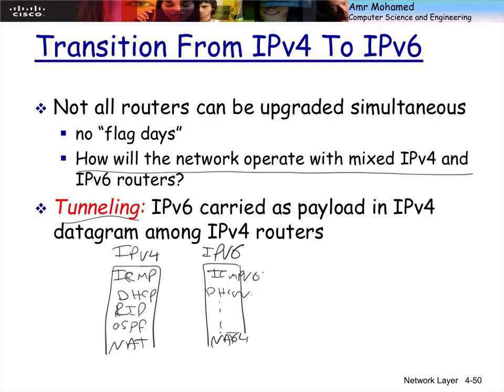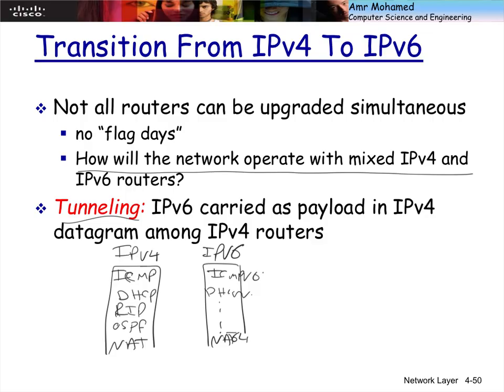So this dual stack will be in the same node, and that's easy because these are software processes. For example, Windows 10 or Windows 11 have dual stack IP. So it has the stack for IP version 6 and it has the stack for IP version 4. Both are there. So what does this enable us to do?